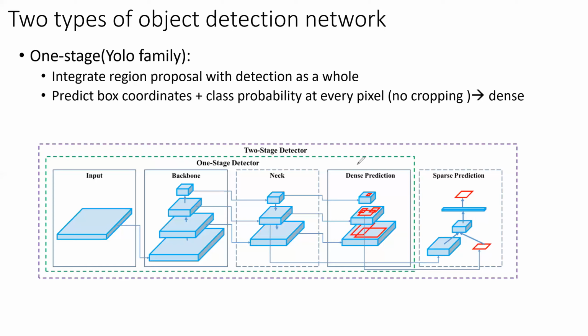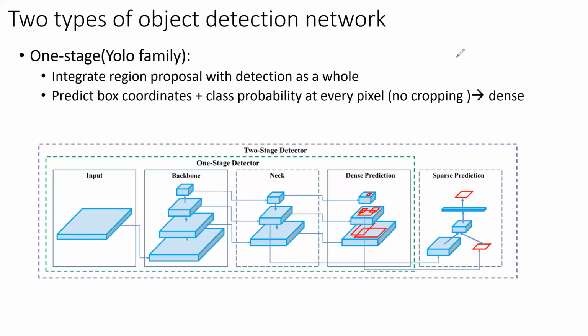But actually, if I'm using two-stage, then I don't have this dense prediction part. I just from here directly have many regions, then I do the sparse prediction. Yeah, I agree. Then in one-stage, I don't have the region of interest, this kind of definition. I just think every prediction is a region of interest.